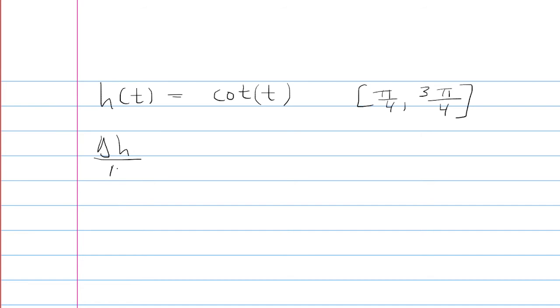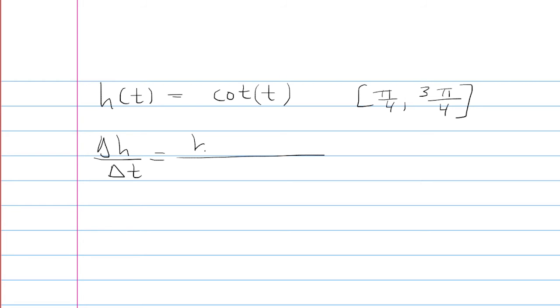Now the next one is a trig function. So we have h of t equals cotangent of t, and the interval is from pi over 4 to 3 pi over 4. So we're going to look at delta h over delta t.